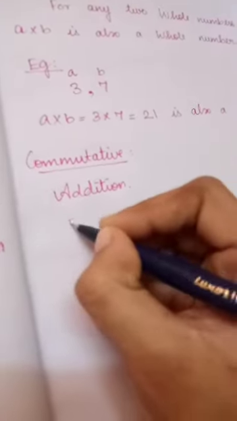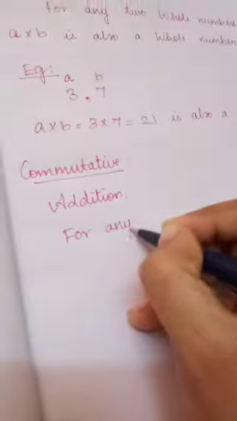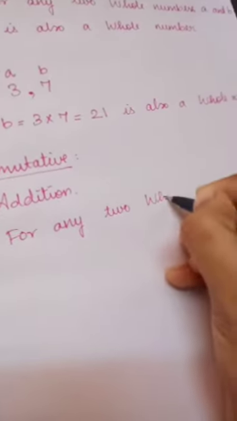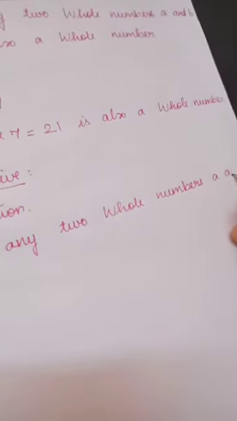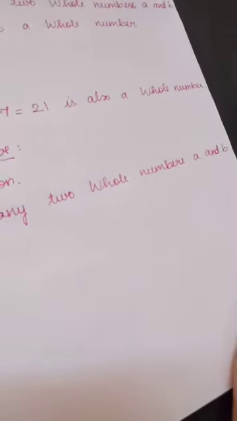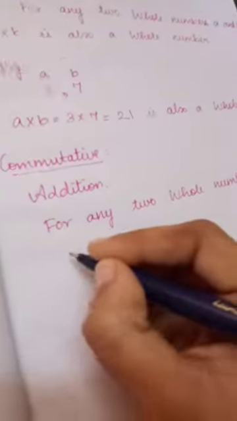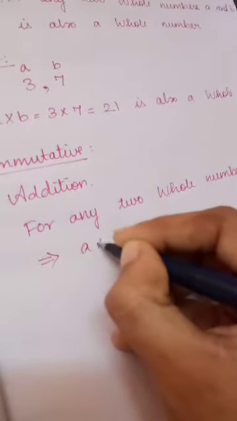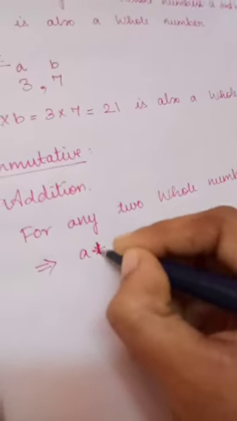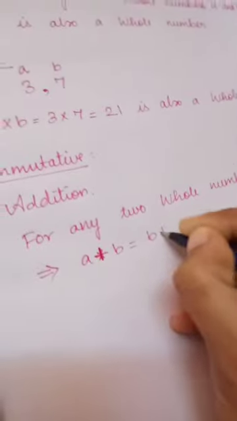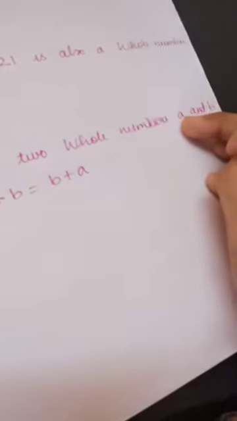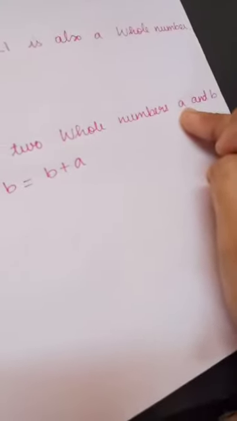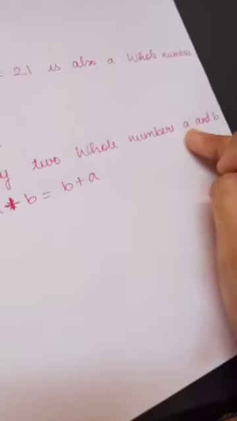Here also I am taking any two whole numbers A and B. This rule should be satisfied. The rule is A plus B equal to B plus A, which means whether I add A plus B or B plus A, both answers should be the same. That is the commutative rule.